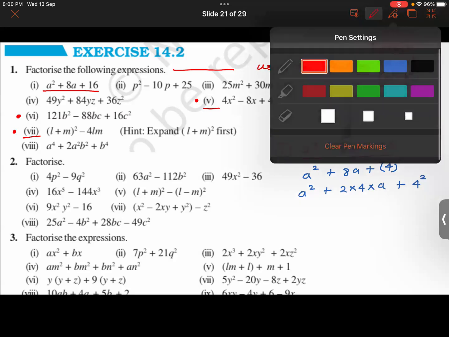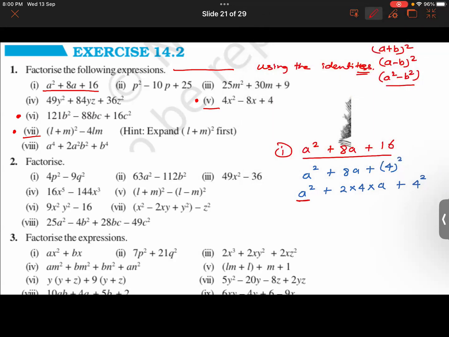Right now. Ahmed, Arham, you see this. So is it not of the form a square plus b square plus 2ab? This a and this b. Look again.